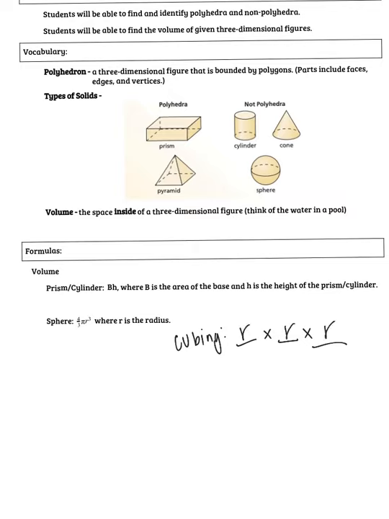There is a button on your calculator that will do that, and I will show you that. All right, so you take 4/3 times pi times radius cubed. And remember, pi is just 3.14, but you can use the pi button on your calculator. So that is for the volume of a sphere. For that, we're thinking like a globe or something of that sort, or like a basketball, a volleyball, any ball.